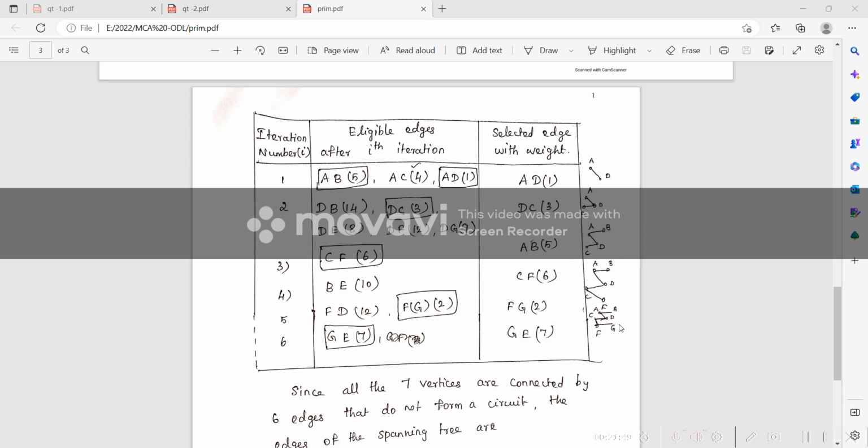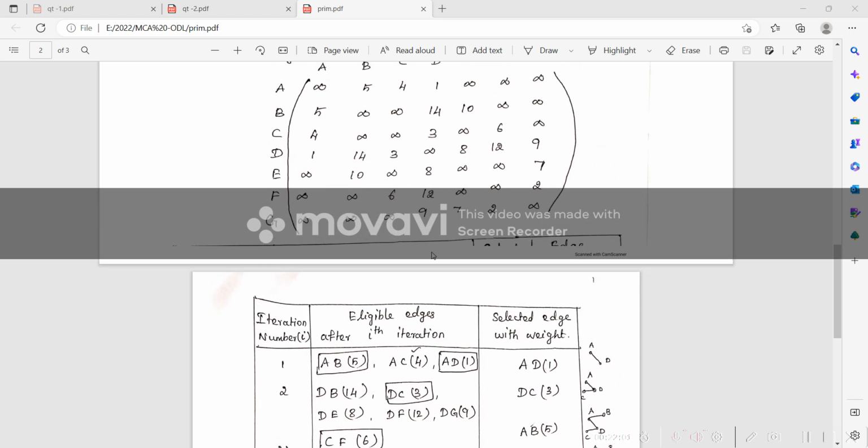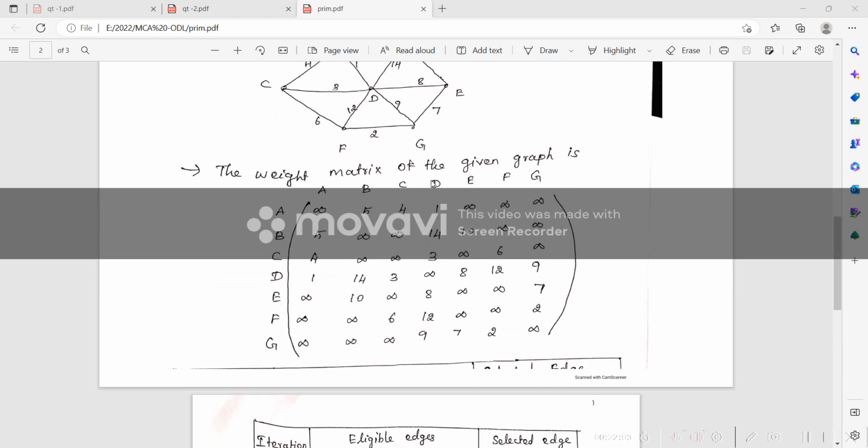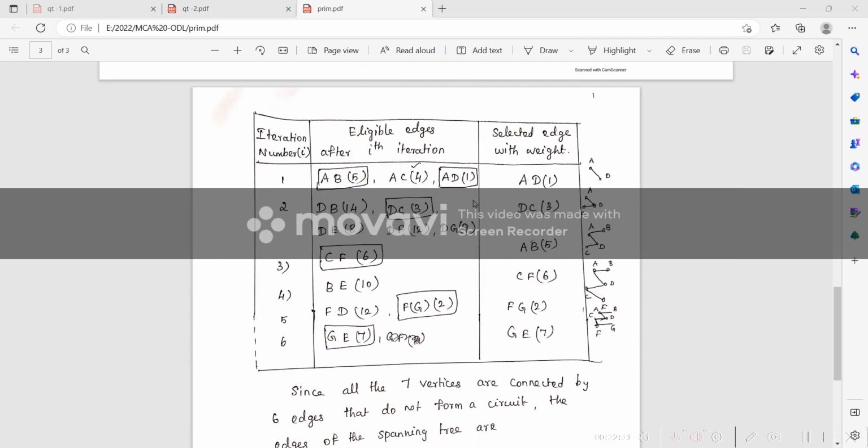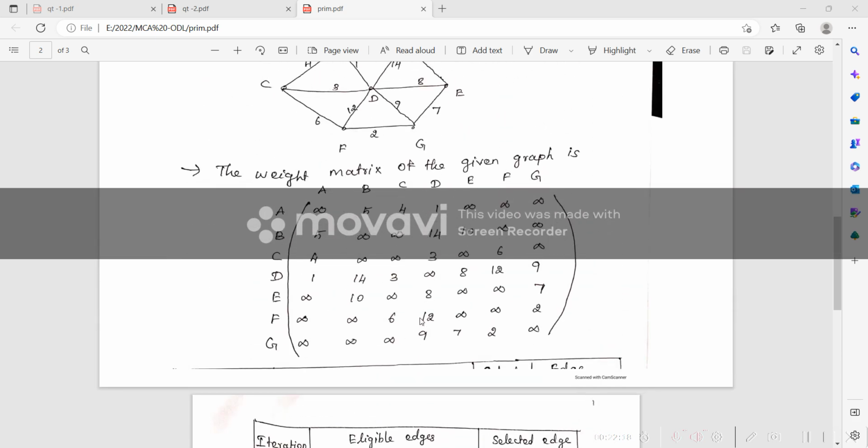Okay, so now the new vertex included here is G. So we have to consider the edges coming from G now. Okay, so from G we have CD, GD, which is already taken, GE, that one we have to consider because that vertex is not mentioned, and GF, that is already included.